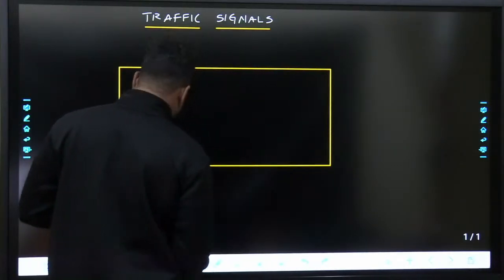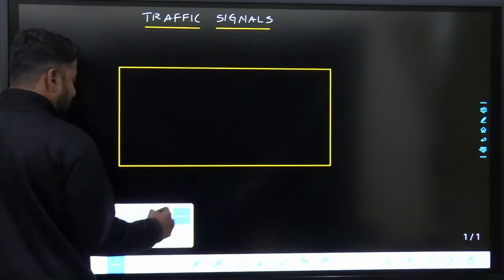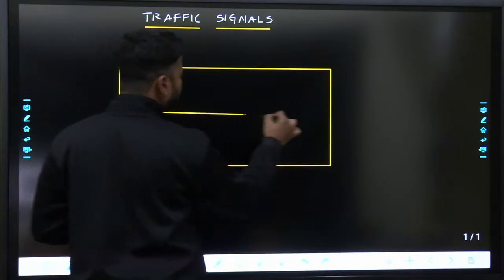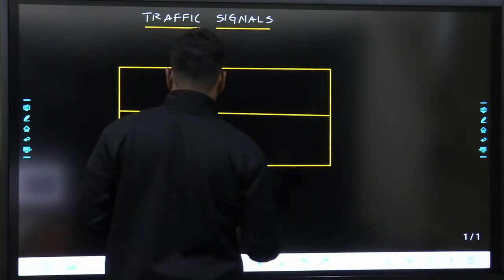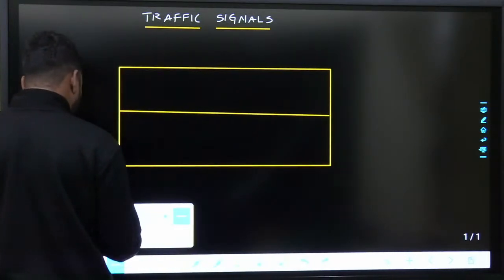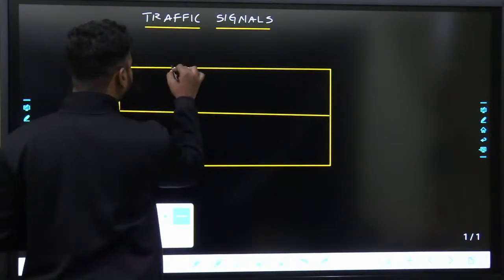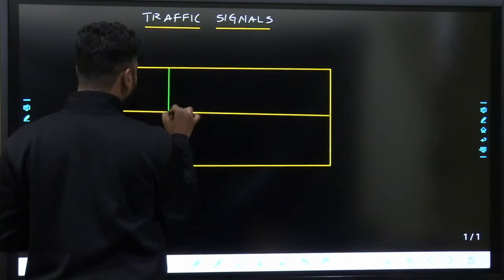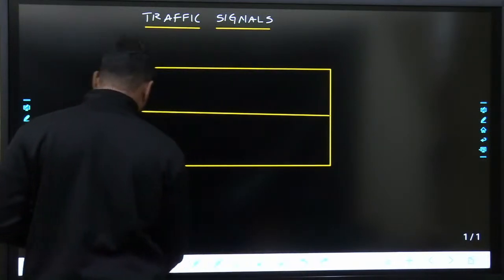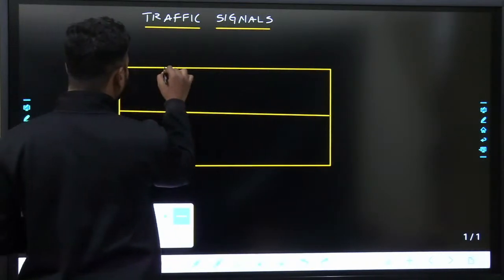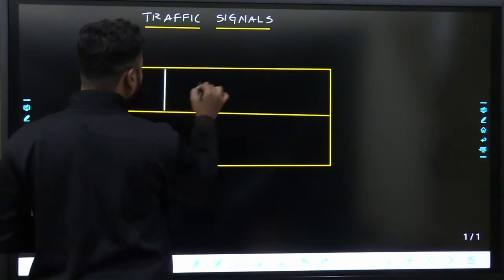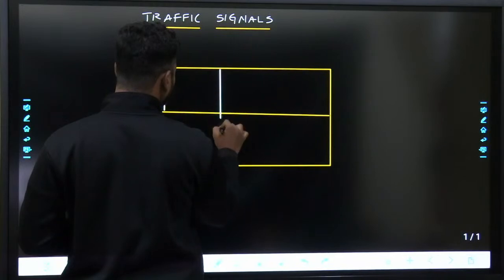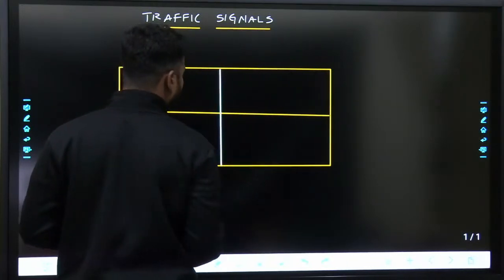Generally the traffic signals, I will try to explain this in a simple way. What type of colors will you see in the traffic? You will see green, amber, red.